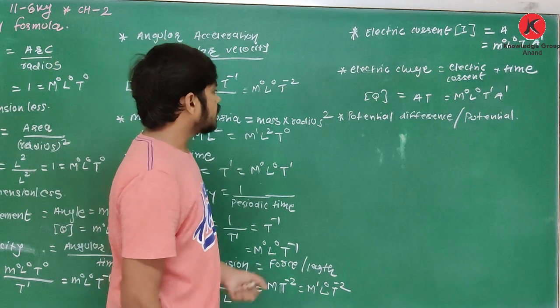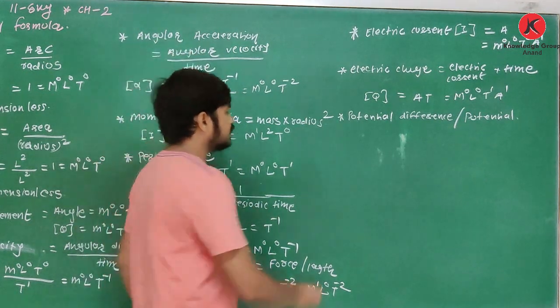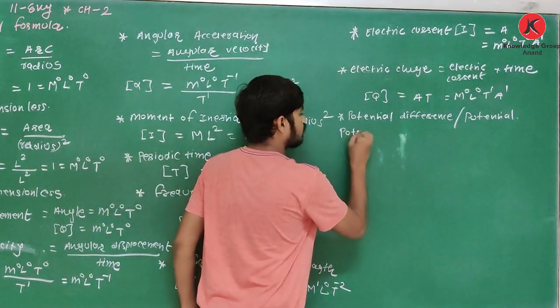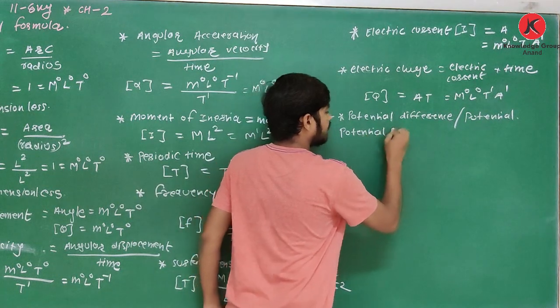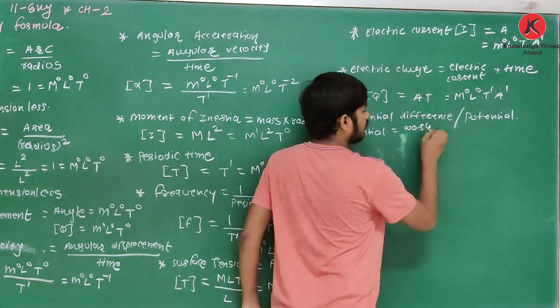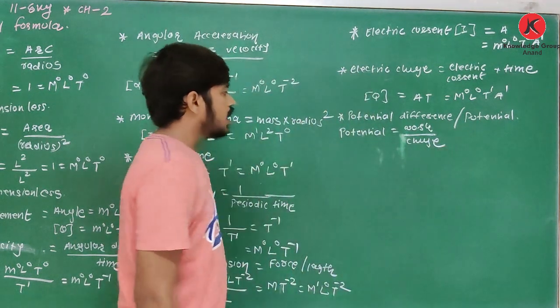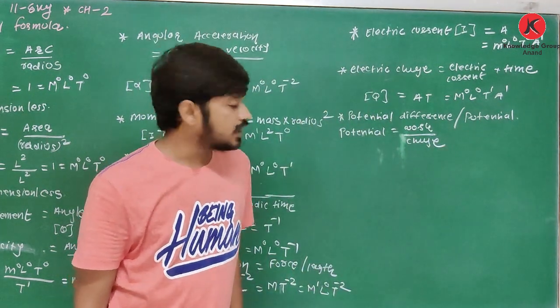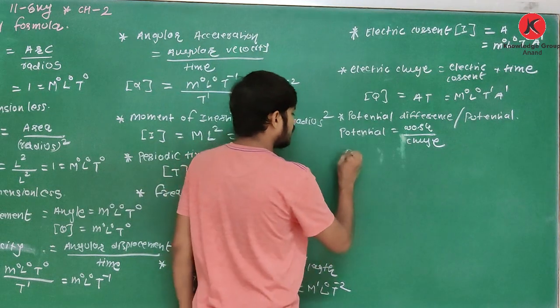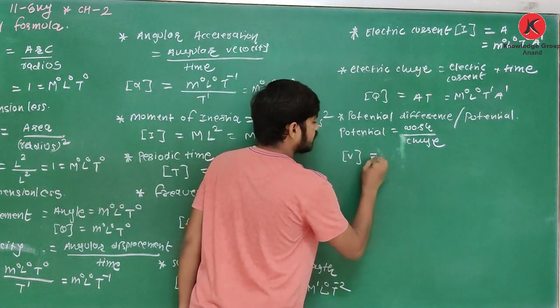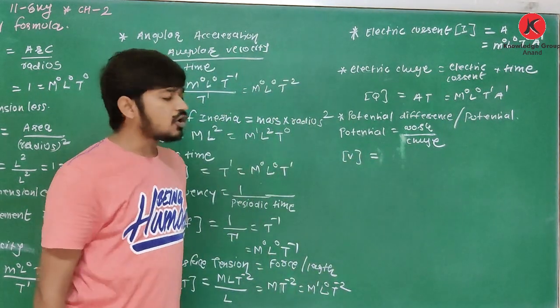Okay, so see here, potential difference or potential. What is the definition of potential? Potential is defined as work per unit charge. So what is dimensional formula of potential?